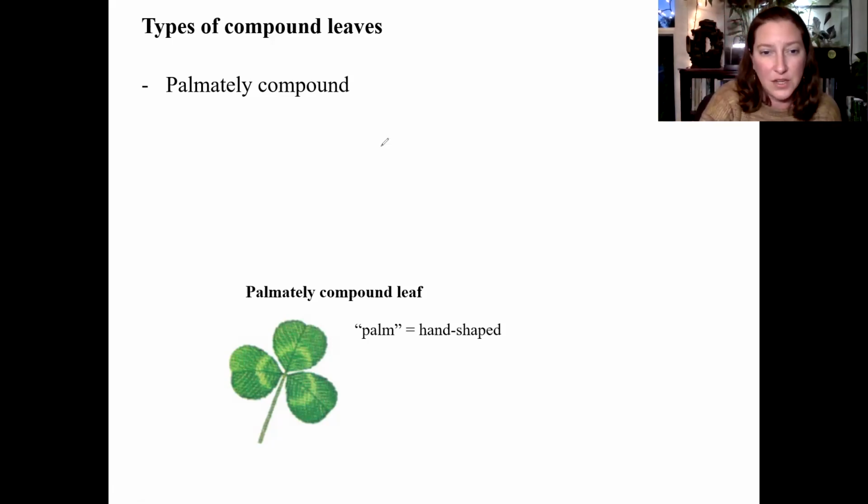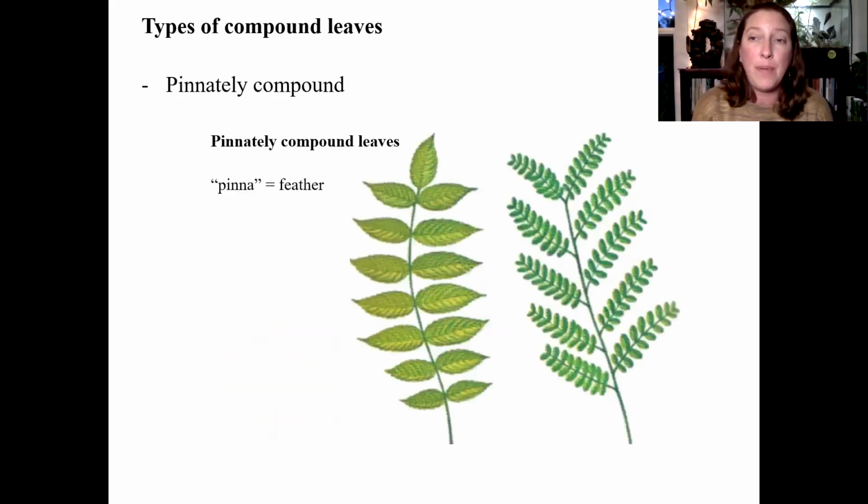Each of these is going from one spot, like a hand, hence the palm part of palmately compound. So there are palmately compound leaves, and there are pinnately compound leaves. Pinna means a feather. Whoever named these pinnately compound leaves thought they looked like a feather. And yes, I'll give them that. It looks like a feather. It's featherish, so fine.